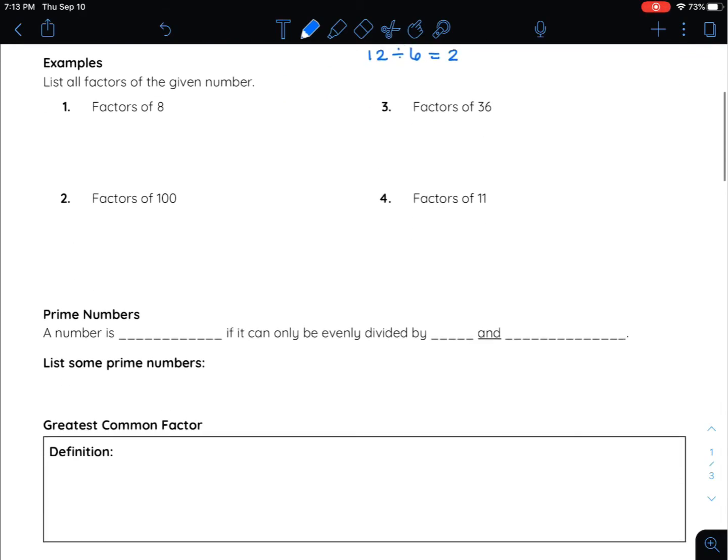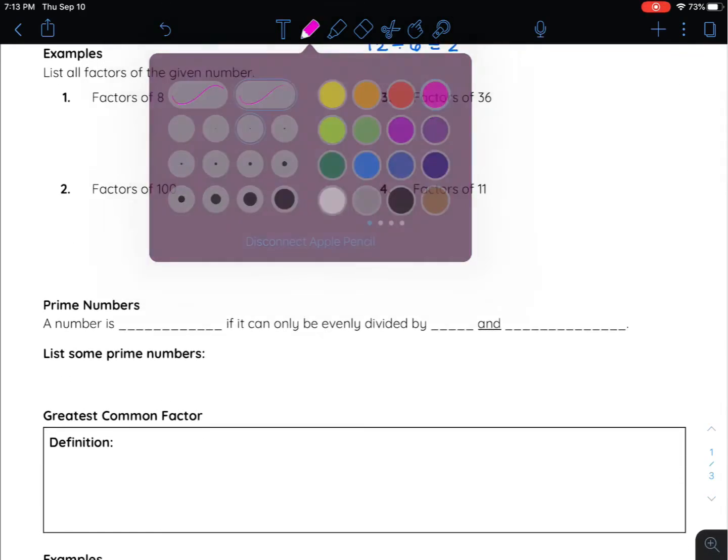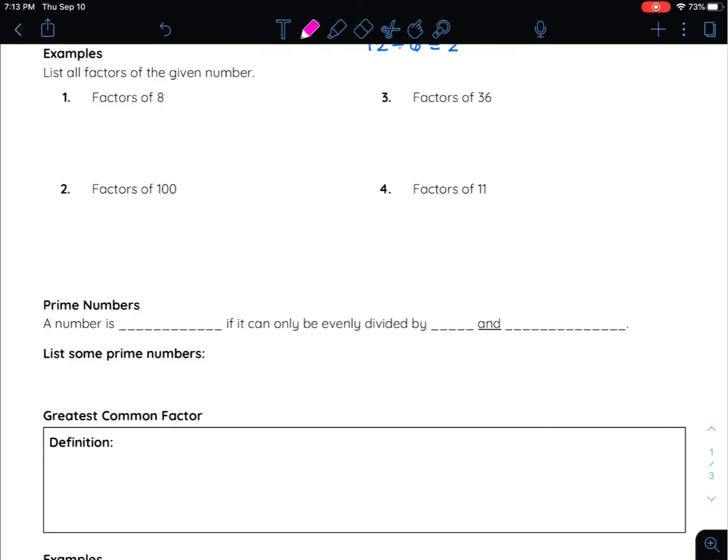So let's take a look at some factors here. So factors of 8. So we can just list them out. Things that multiply to give us 8. So that would be 1 and 8, 2 and 4.